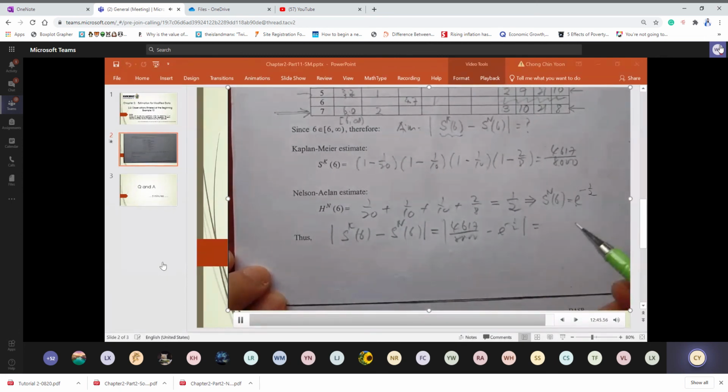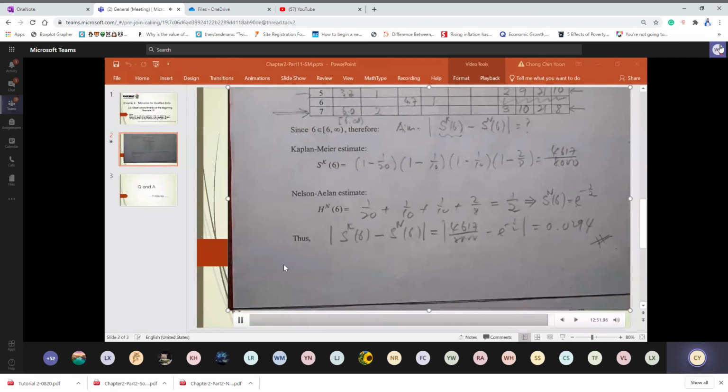And you will have about 0.0294. So please take note here, some students may take the survival at 6 under Nelson-Aalen minus the survival at 6 under Kaplan-Meier. You may get the same result because after absolute it will become positive.